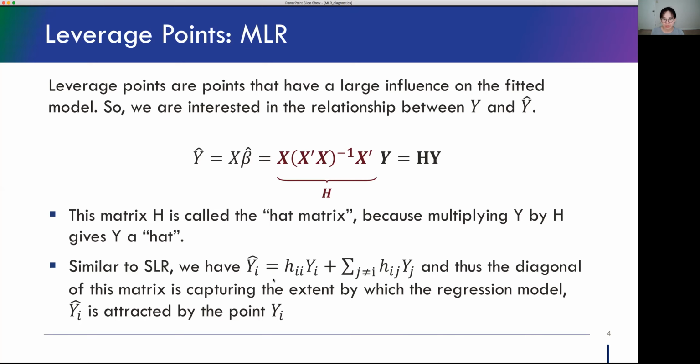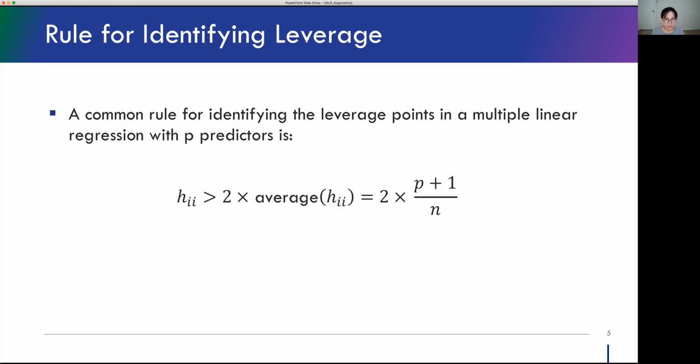So this is your leverage, and we have the rule of thumb for identifying leverage points. In simple linear regression, we still have hii greater than 2 times the average of hii, where for simple linear regression, this average value is 2 over n.